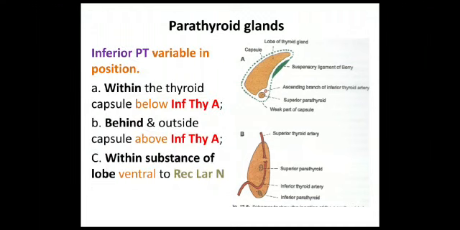The inferior parathyroid is variable in position. It may either lie within the thyroid capsule below the inferior thyroid artery, or it may lie behind and outside the capsule above the inferior thyroid artery. Sometimes it may lie within the substance of the lobe, ventral to the recurrent laryngeal nerve.